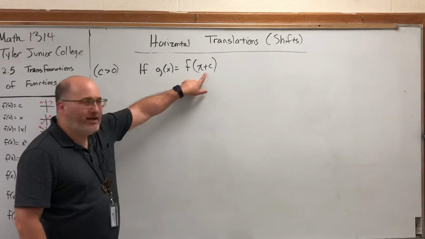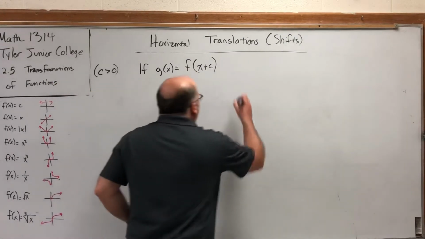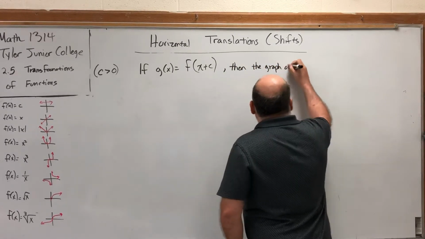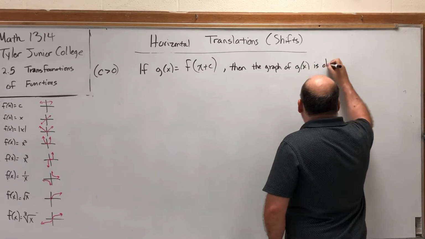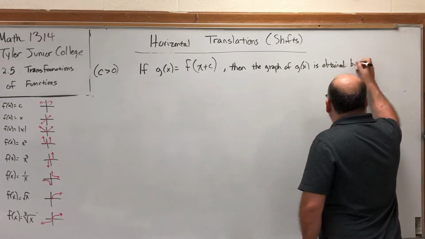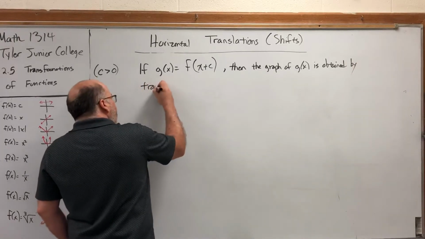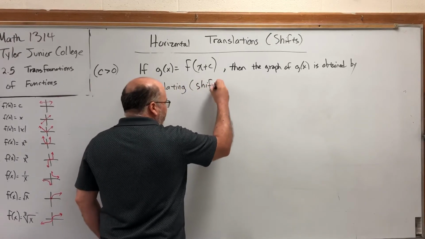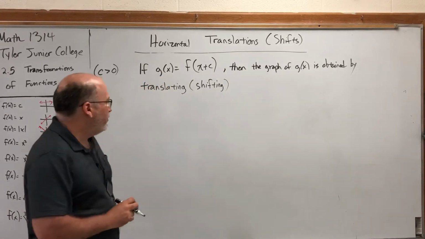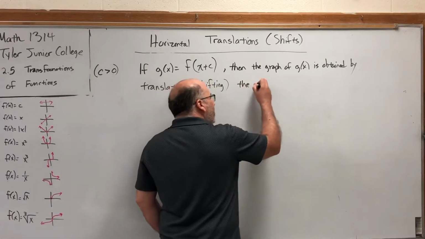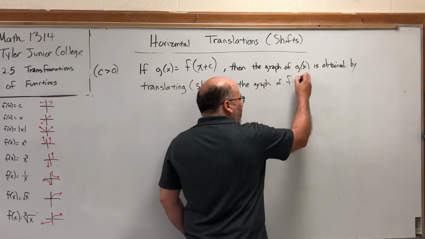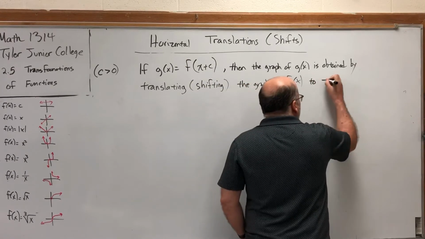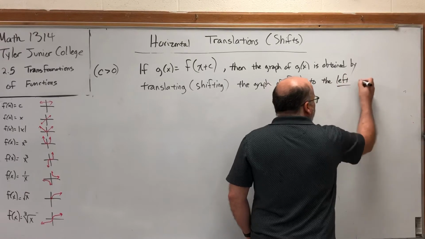If I add a number directly to the x to create a new function, then the graph of g of x is obtained by translating, and again, the word translating is synonymous in this context with shifting, the graph of f of x, the original function without the plus number, to the left c units.